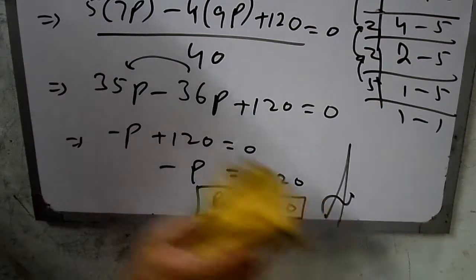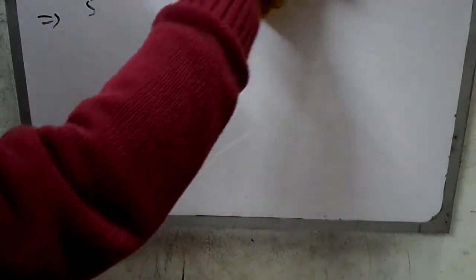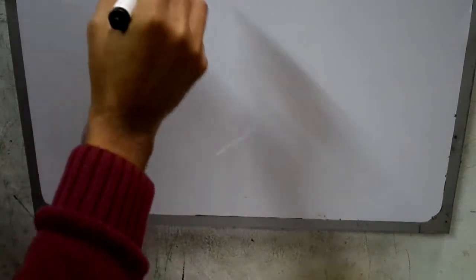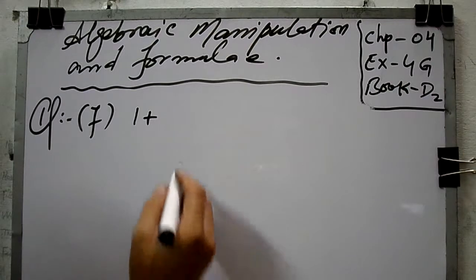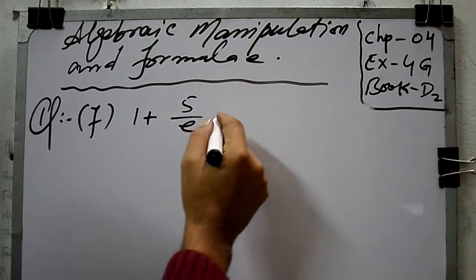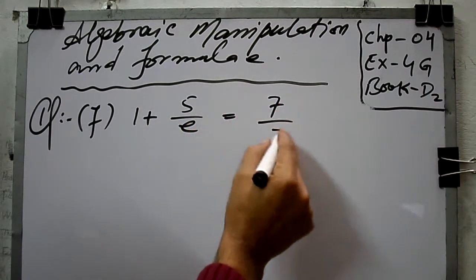Now coming to the next part, that is your F part. 1 plus 5 by e is equal to 7 by 3.